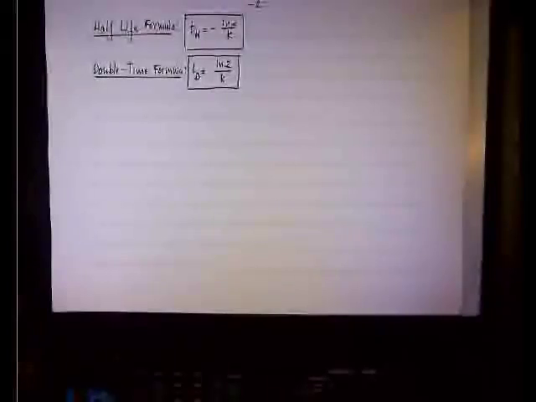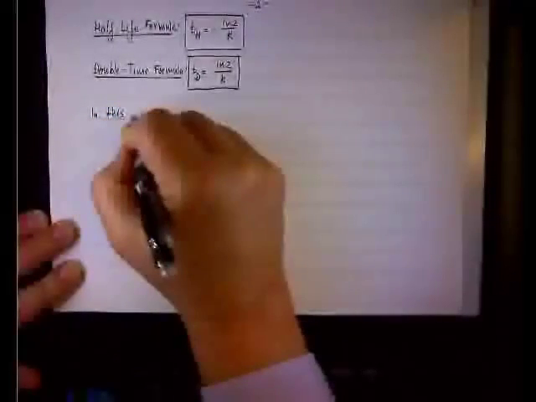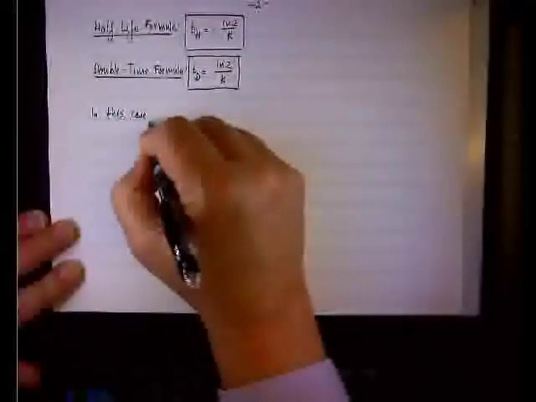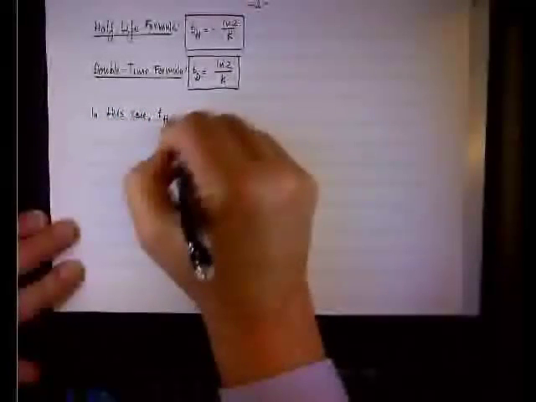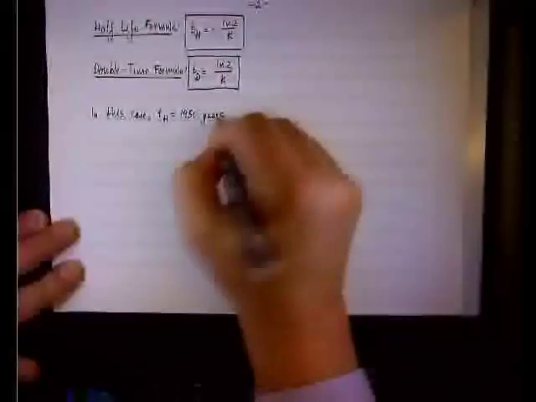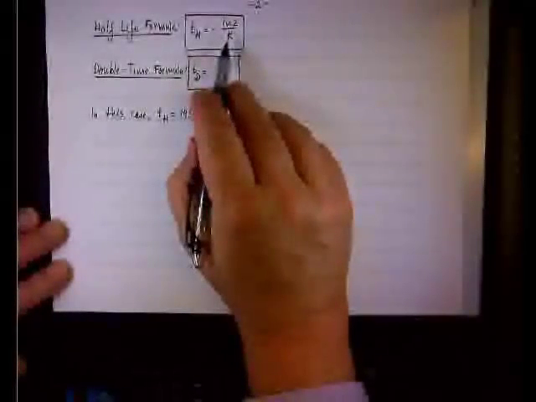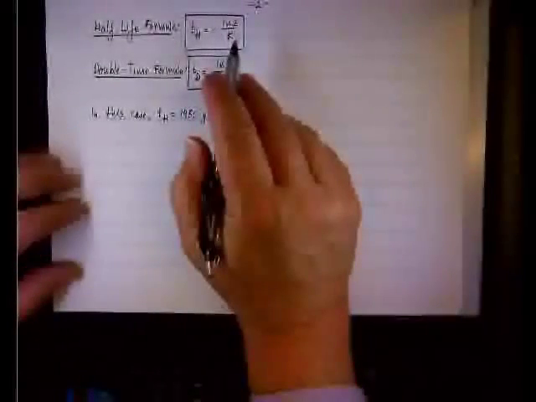So now we continue. In this case, the half-life, T sub h, is 1,950 years. So from here, we can extract the value of k, the decay rate. Okay?